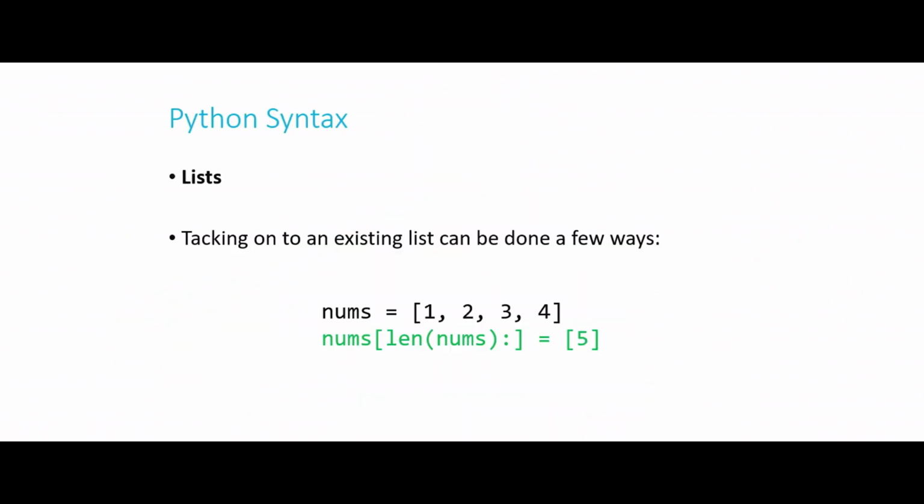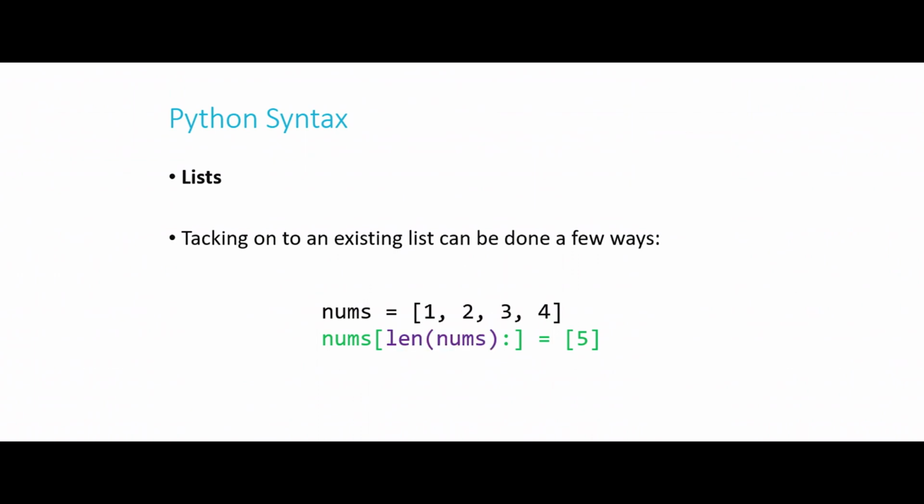So I'm creating a new list, a list with a single element, 5, and I'm saying the nums list from position 4, which is the length of nums, forward, gets this list assigned to it. So if I had put 5, 6 there, after this would execute, I would end up with nums equals 1, 2, 3, 4, 5, 6. So this is how I can perhaps attach one list to the end of another list, as opposed to attaching one element to the end of a list.